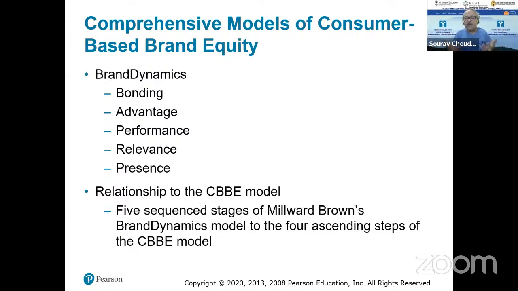Suppose I'm talking about Apple, iPhones as a brand. What is the presence of iPhone in the whole community? Is it deep? Is it wide? Today, competition has become so much greater that presence is becoming diluted. Once upon a time, if you spoke about a scooter, people would talk about Bajaj Chetak.